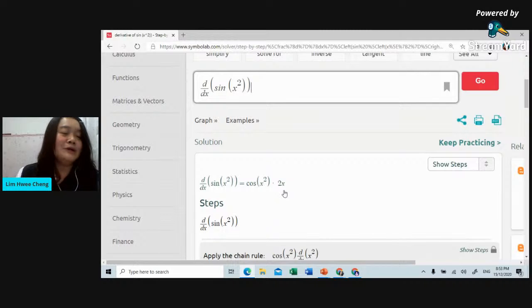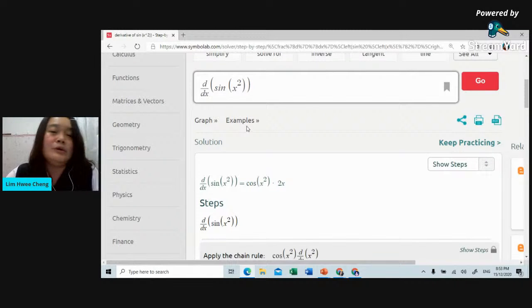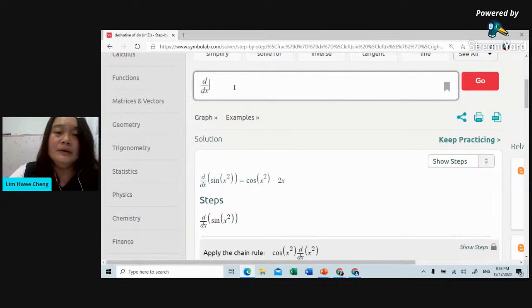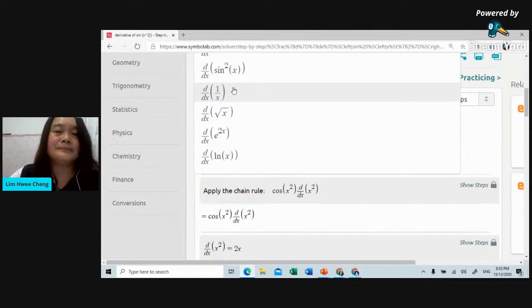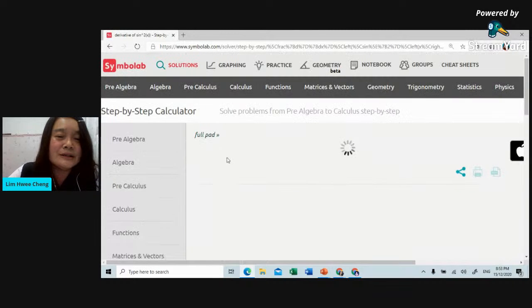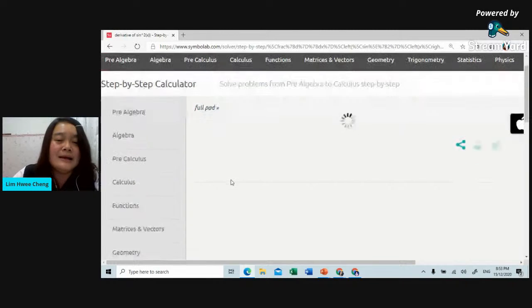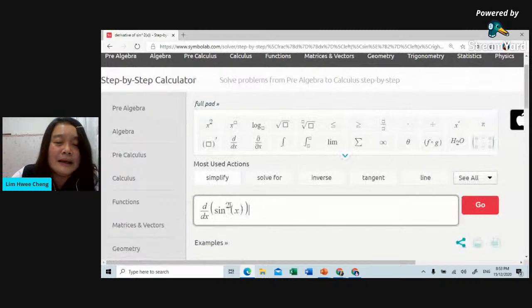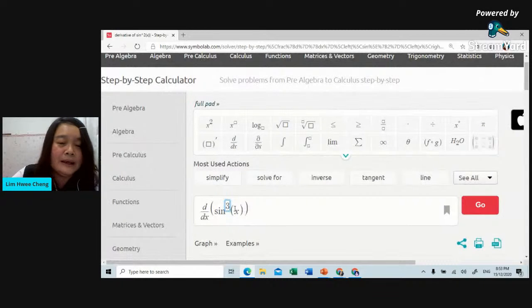If I want to proceed with the differential of the sine cube, how do I type? They give you the example, so you have something like this, and you must change it. Just change this sine power; this one you change to power of 3, and this one is x square.